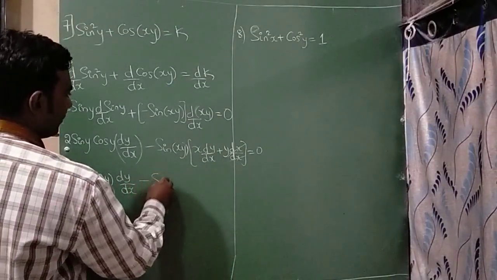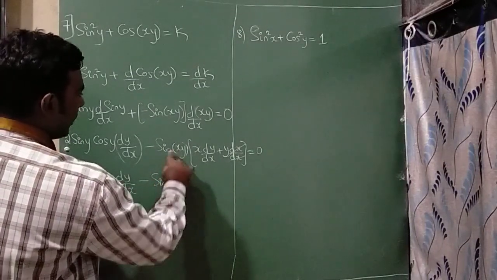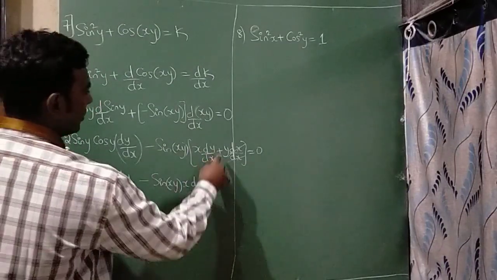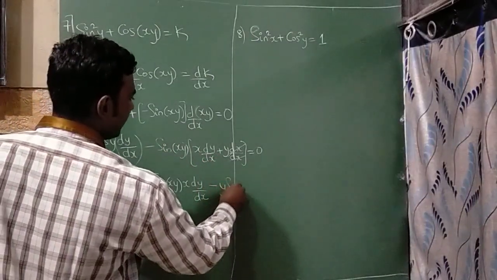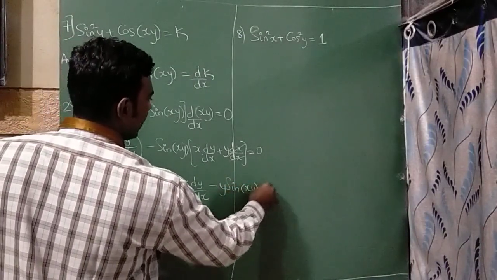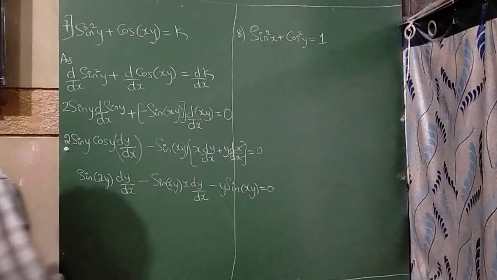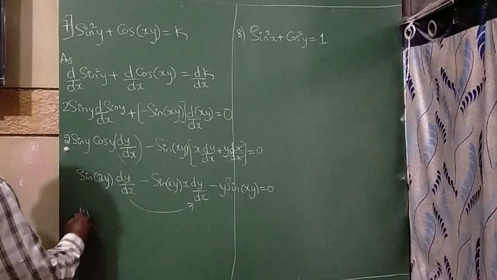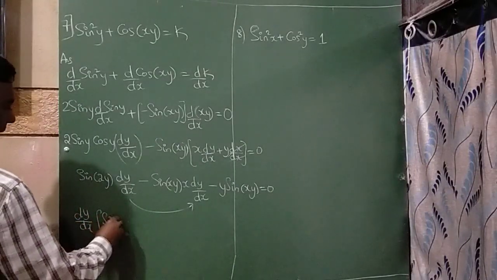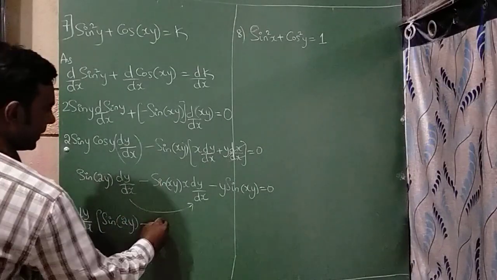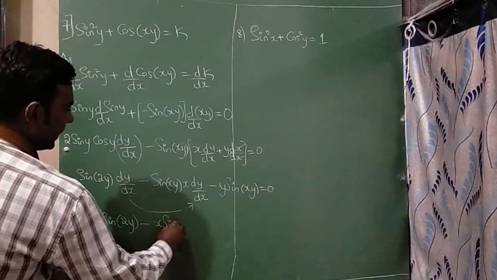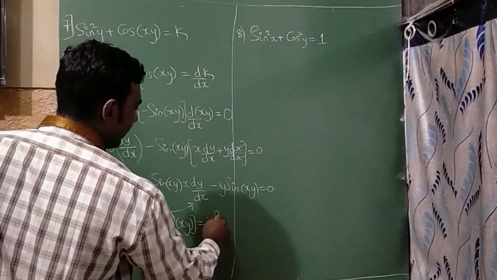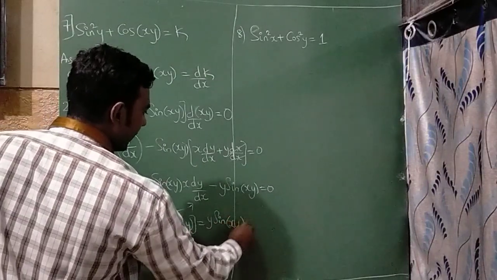Okay, minus sin xy, multiply this into x dy/dx, plus into minus into plus is minus y sin xy is equal to 0. You can see here also dy/dx, here also dy/dx. So I'll take dy/dx as a common. So sin 2y minus, you can take this x here, sin xy, and take this on the right hand side, so it will become y sin xy.